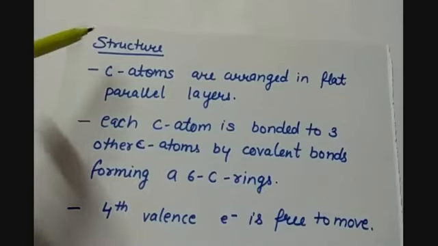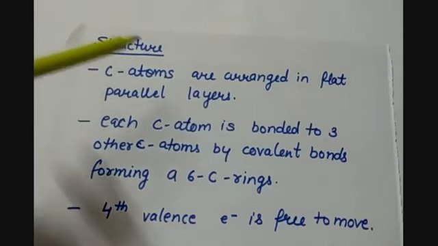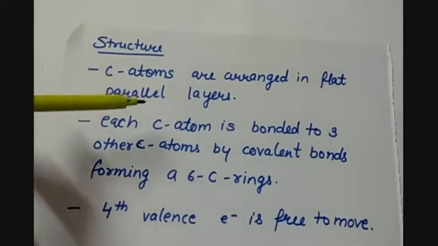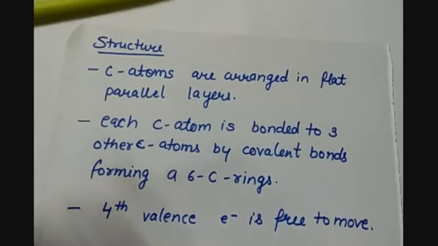What is the structure of graphite? In graphite, carbon atoms are arranged in flat parallel layers. Each carbon atom is bonded to 3 other carbon atoms by covalent bonds, forming a 6 carbon ring. See, I have said that a carbon atom is bonded to 3 other carbon atoms.